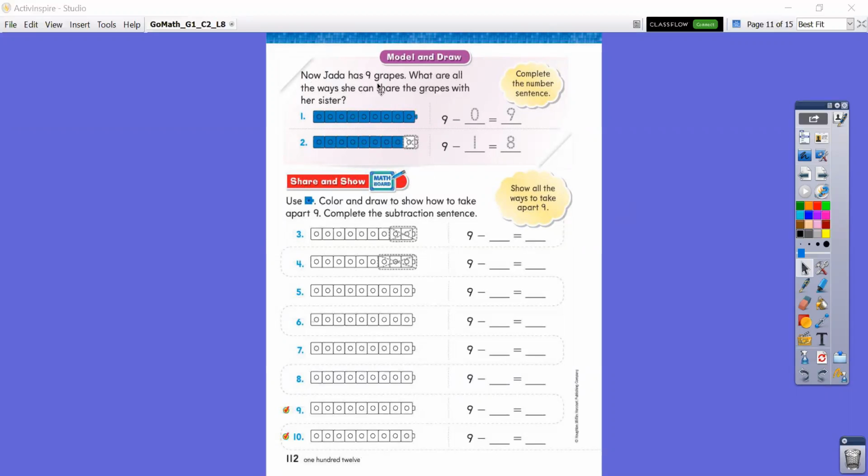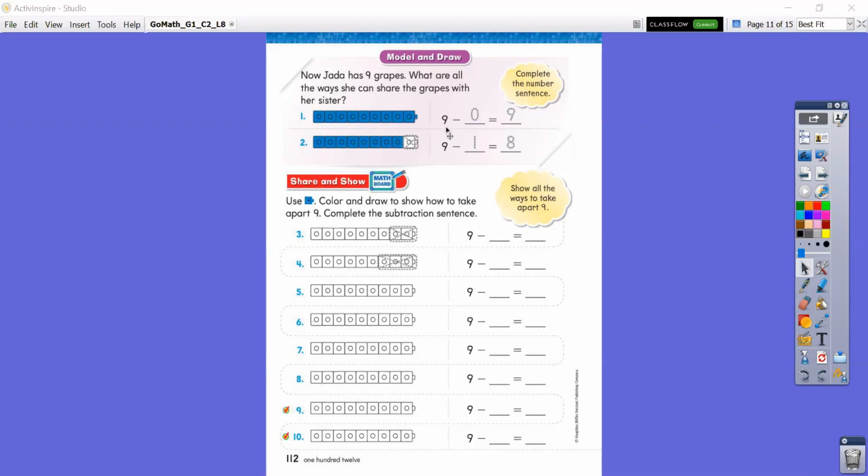Jada has 9 grapes. What are all the ways she can share the grapes with her sister? Okay, so we're going to pretend that our cubes are grapes, and she's going to share them with her sister. How many is she sharing the first time? She has 9, but look, she didn't take any away. So she's not sharing to begin with.